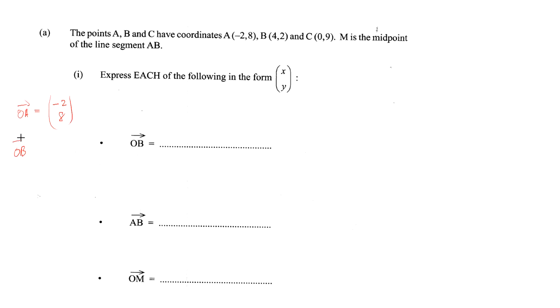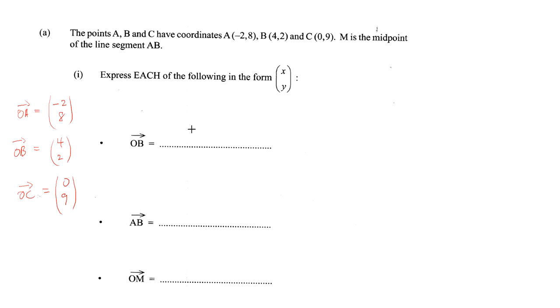OB is 4, 2. OC is 0, 9. All we've done is written the vectors OA, OB, and OC in terms of column vectors.